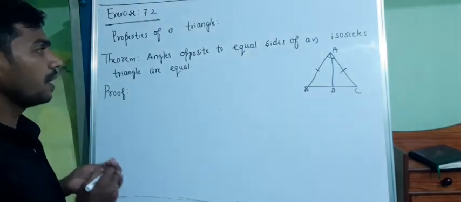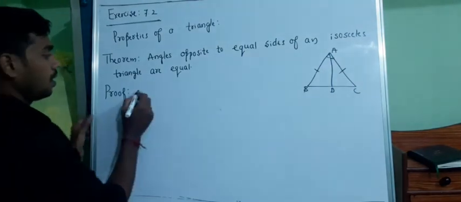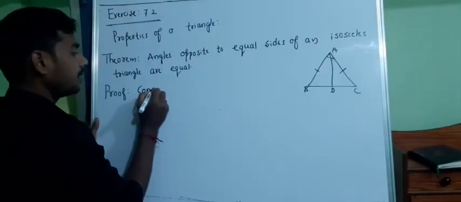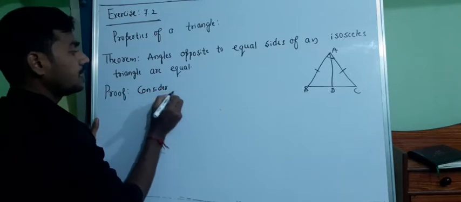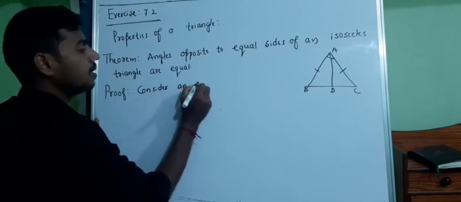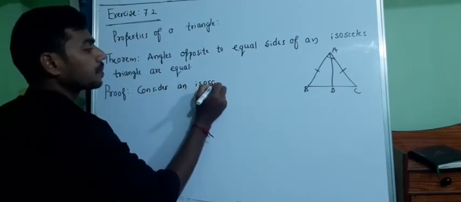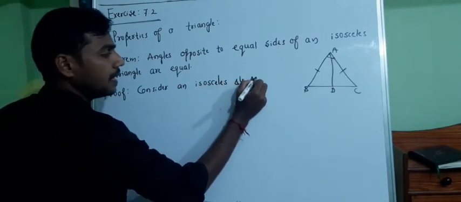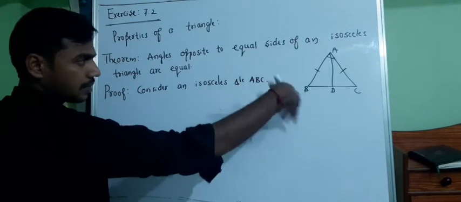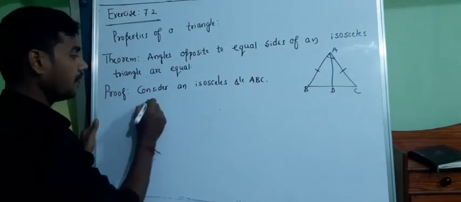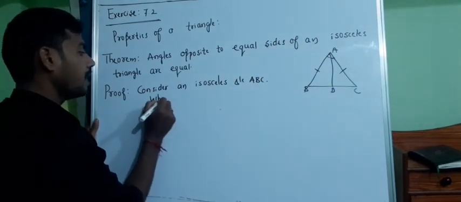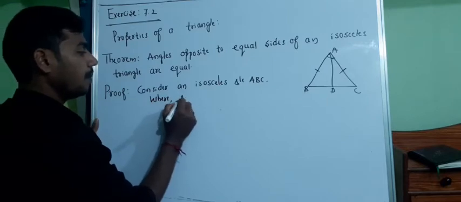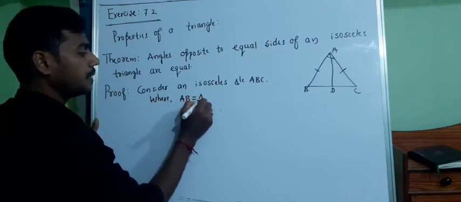So how can I prove it? Consider an isosceles triangle ABC, where AB is equal to AC.